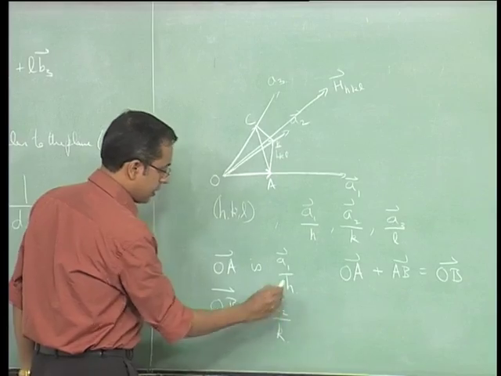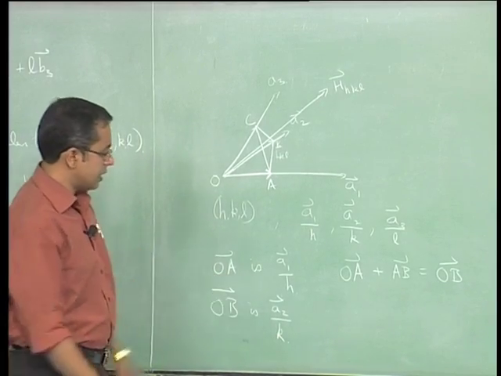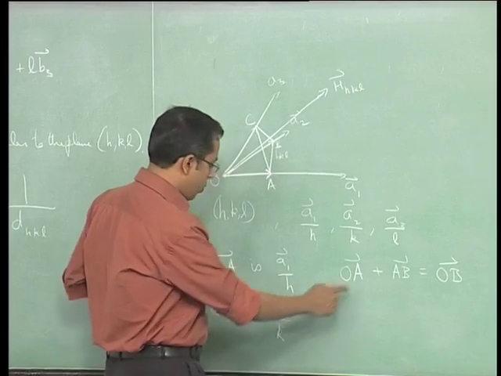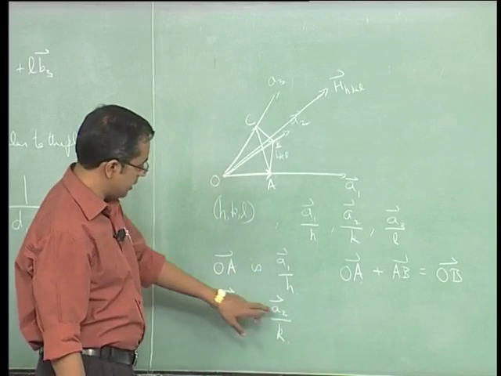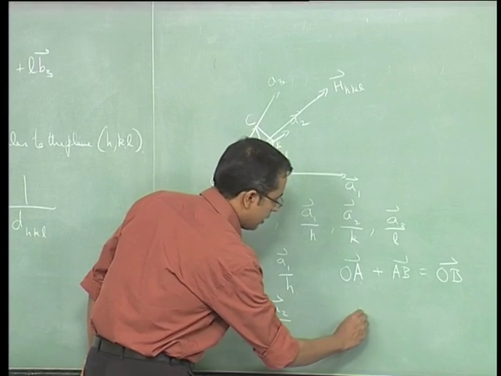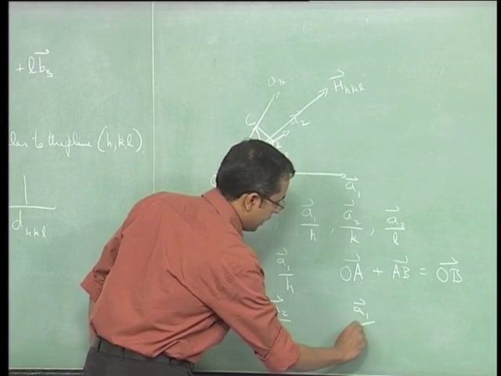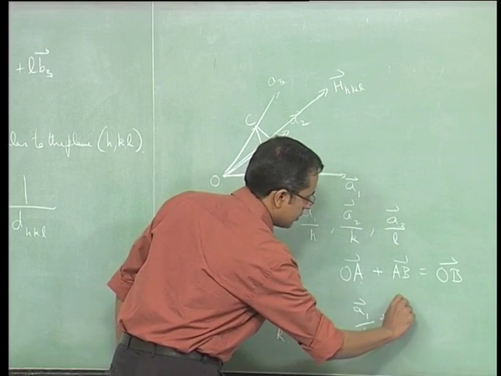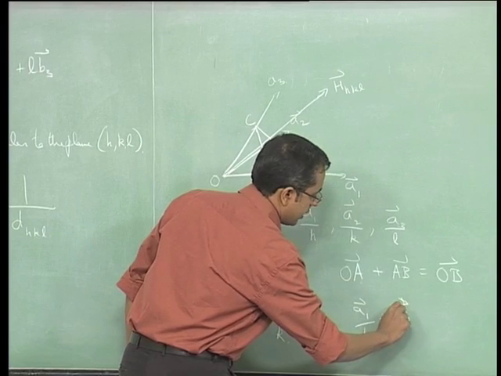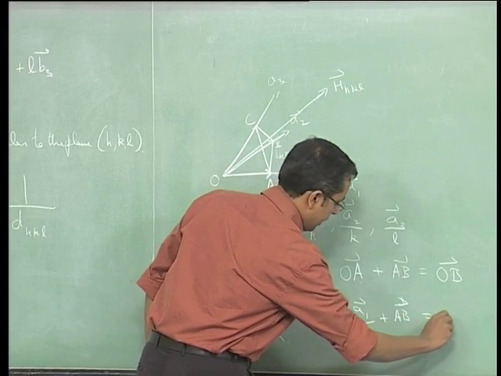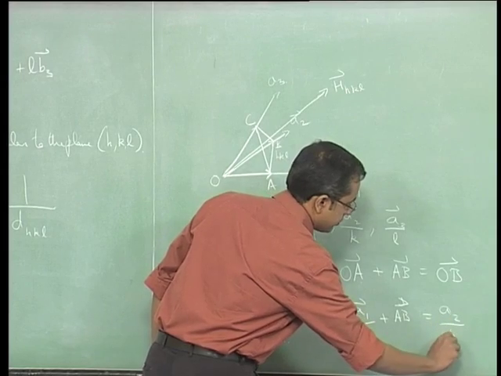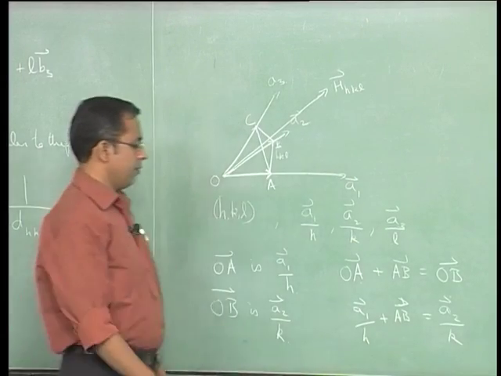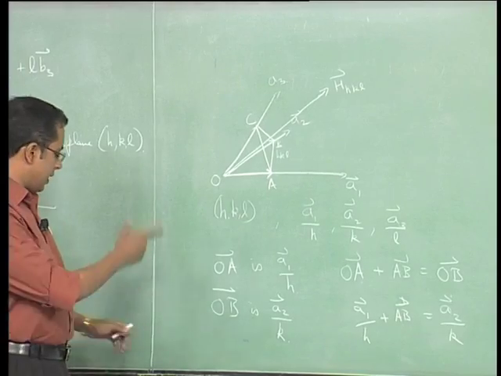Now that we know these are the vectors, we can replace them. OA is A1 by H and OB is A2 by K. So therefore A1 by H plus vector AB should equal A2 by K. Fine, so this is what we have. We can rearrange this a little bit.